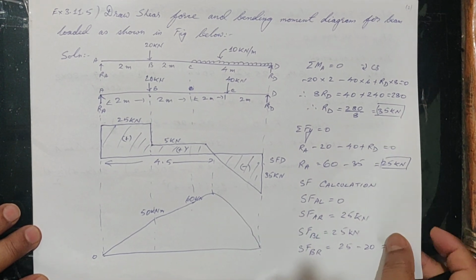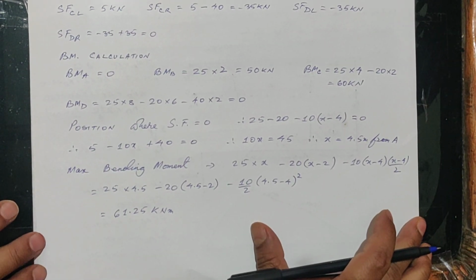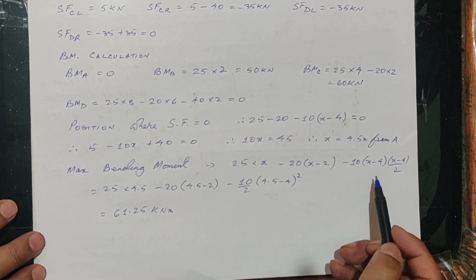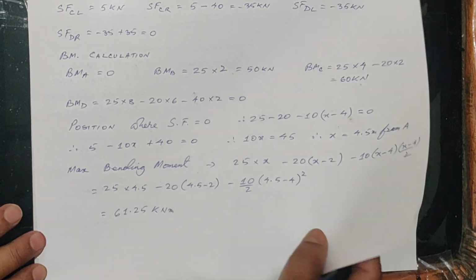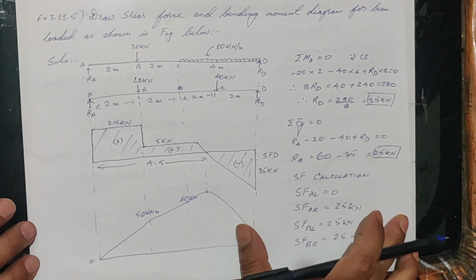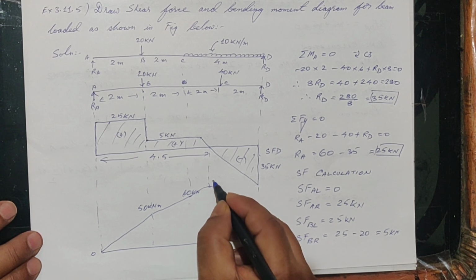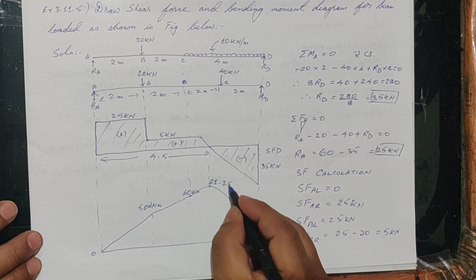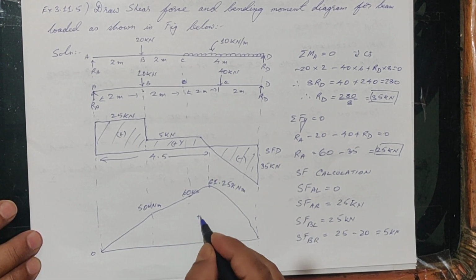Why? Because for BM, what we have is x square. The square is there, so that is why it will be a curve. The highest point is 61.25 kilonewton meter. And this whole thing is positive only.